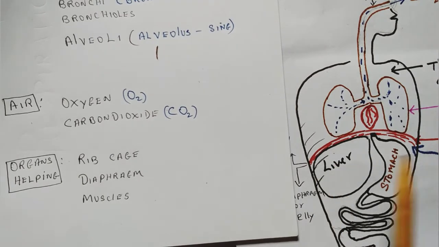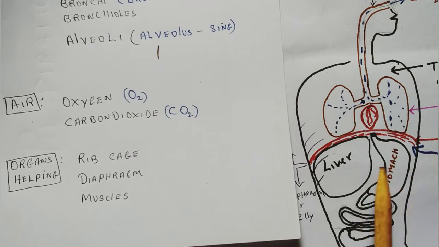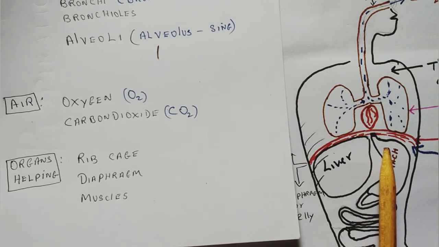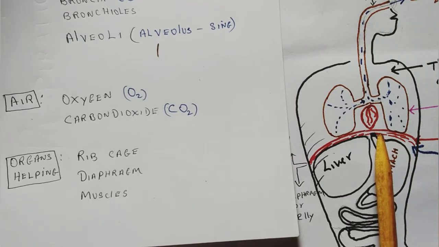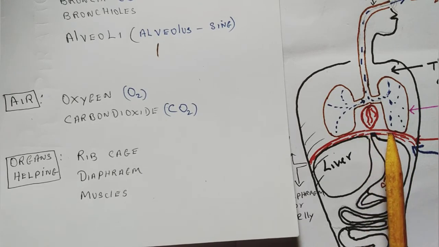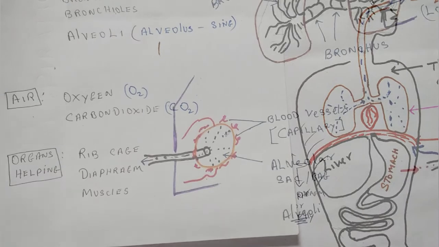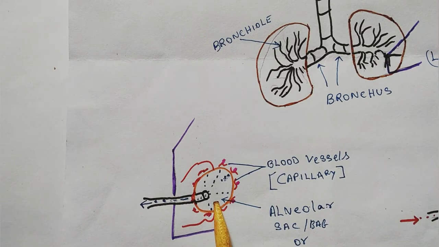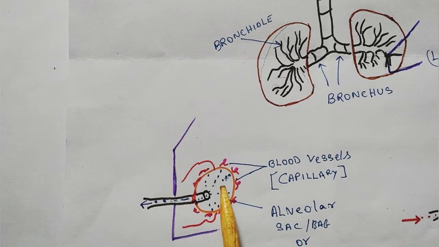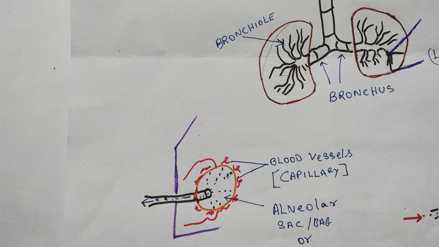And the diaphragm also helps us to breathe. And the muscles do a great part in helping us to breathe. The exchange of gases between oxygen and carbon dioxide actually takes place inside the alveoli in the lungs.